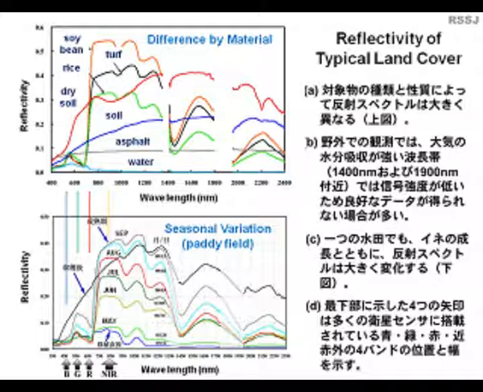This light blue line is for water, the asphalt of the road is around here, and soil is the blue line, and plants. Most plants have a peak around here in the near infrared region.